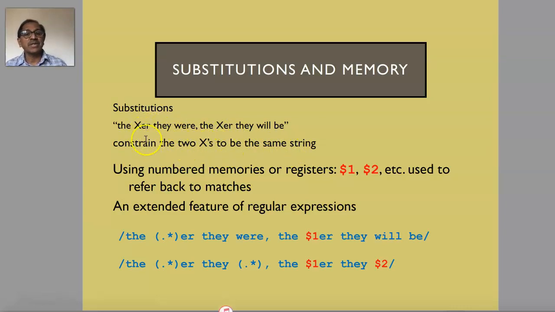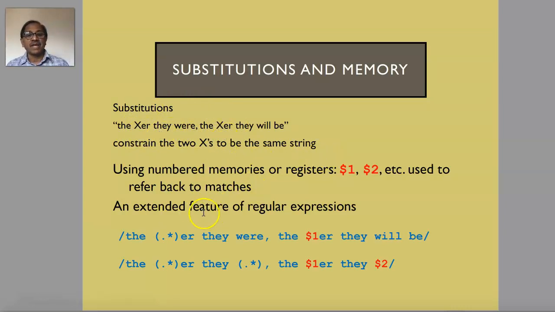You can constrain them by using numbered memories or registers. How do we use them? We use $1 or $2, $3, $4. Each one is a numbered memory, right? If you say $1 is something, and $1 here and $1 here, that means the same string will be used in both the places, right?